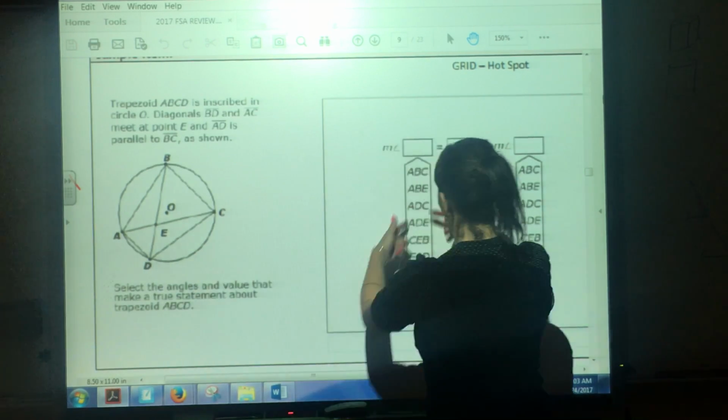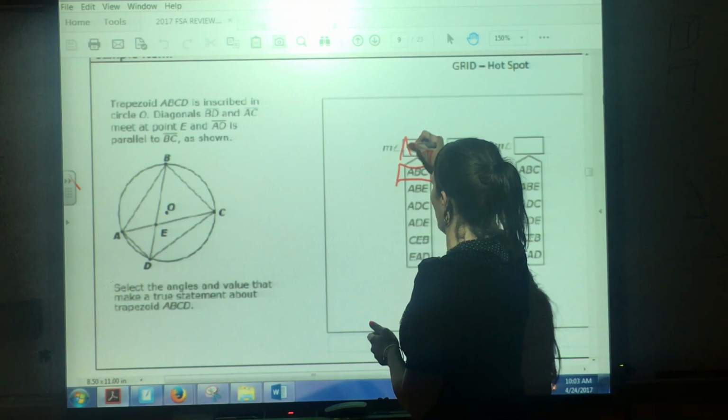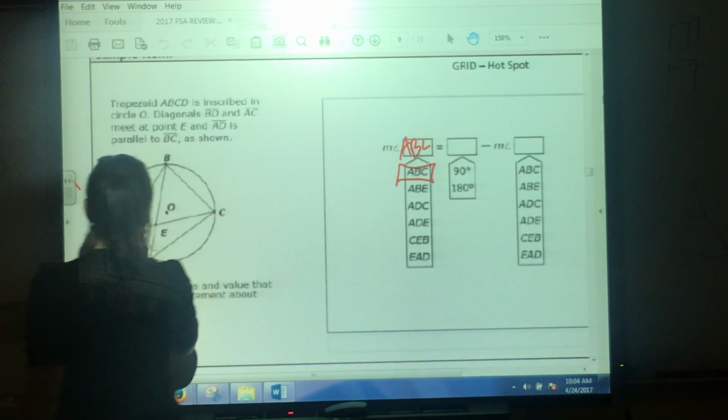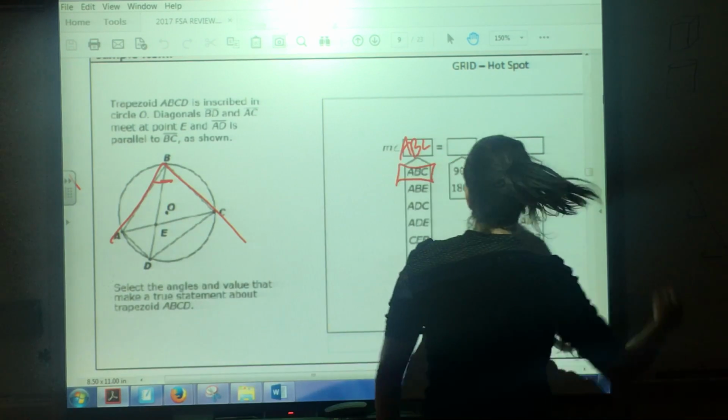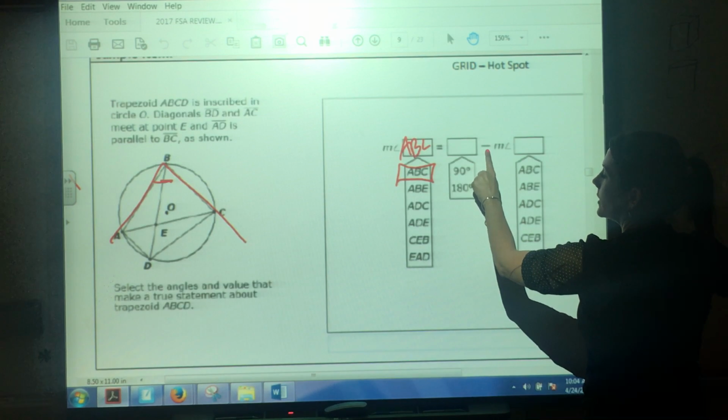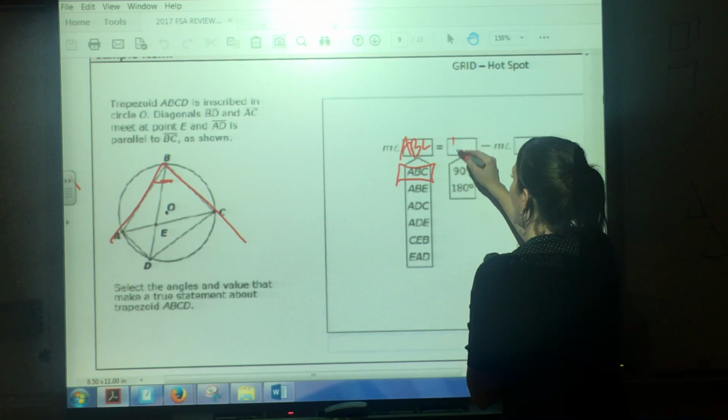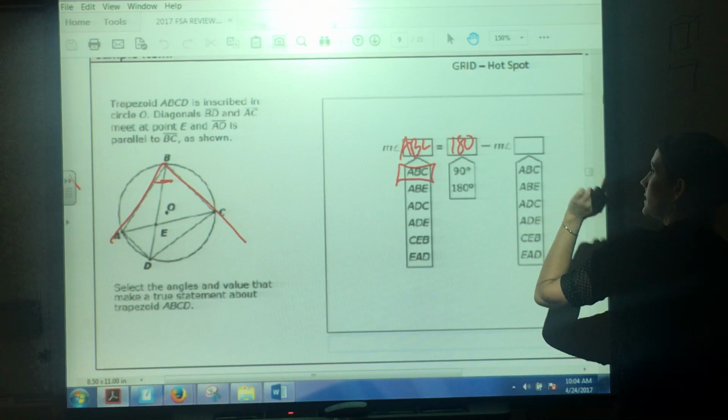So here, I'm just going to tell you, they start out with ABC with that one. So the measure of angle ABC is equal to, now right away we're not going to use 90 because it's talking about subtracting. So we're going to say 180 minus what angle?